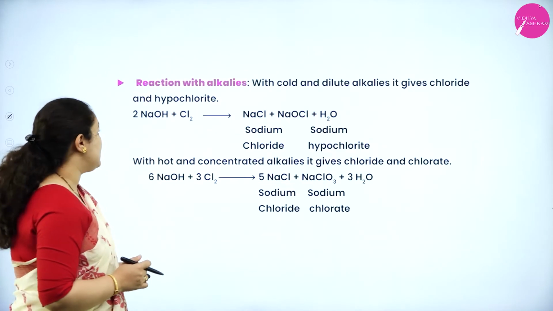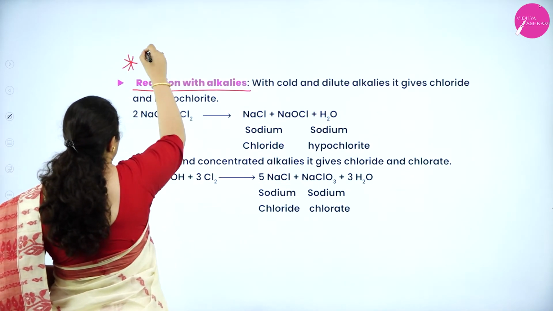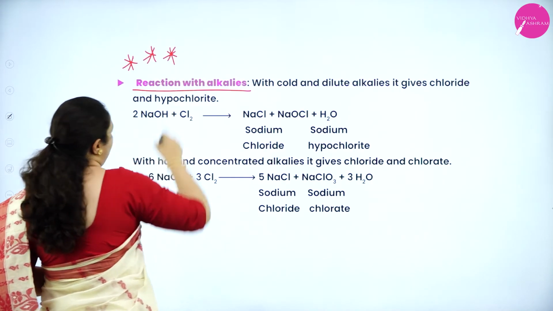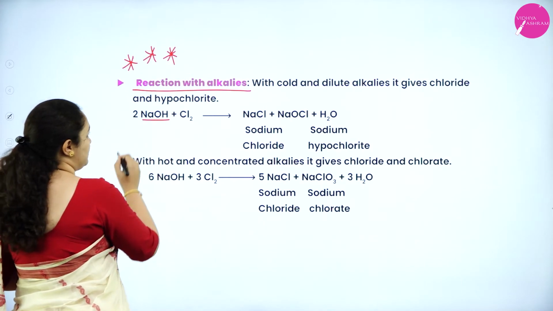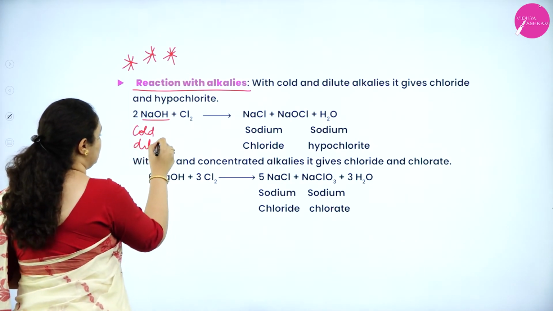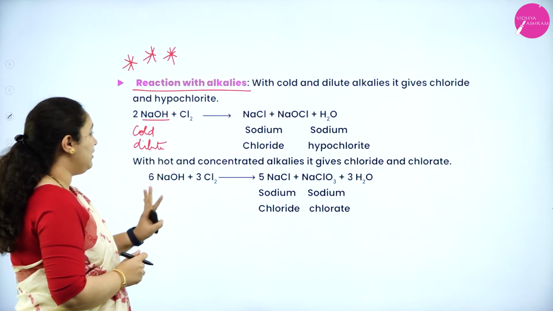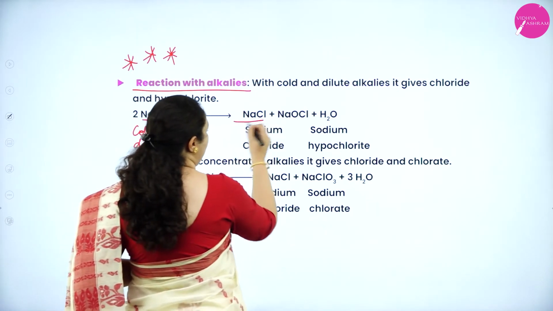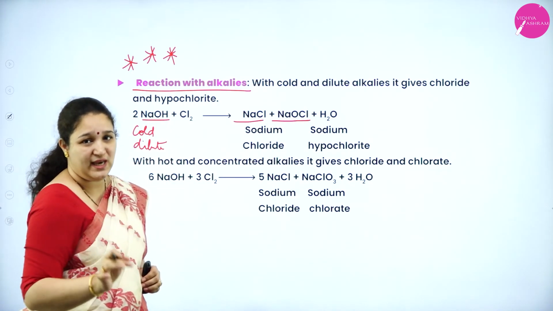Next is reaction with alkali. Again, this is a very important question from the exam point of view. The alkali, that is sodium hydroxide, is cold and dilute. When chlorine reacts with cold and dilute alkali, it will give sodium chloride and sodium hypochlorite, NaOCl.